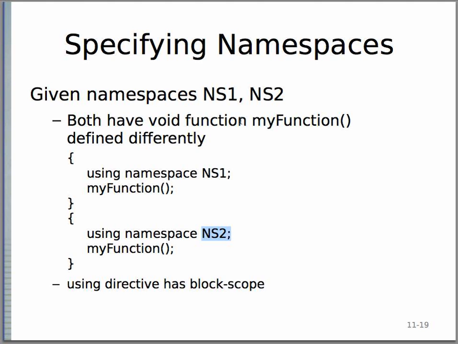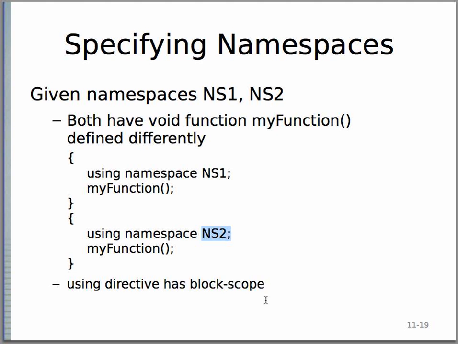So if you have two namespaces, both having the same void function, there's no difference in the signature, that is, it's not overloaded. In that case, you could separate out the scopes.